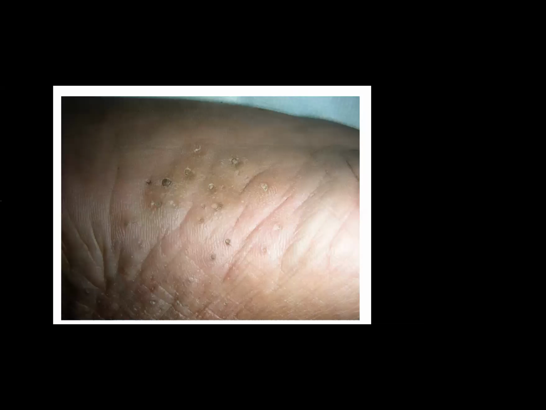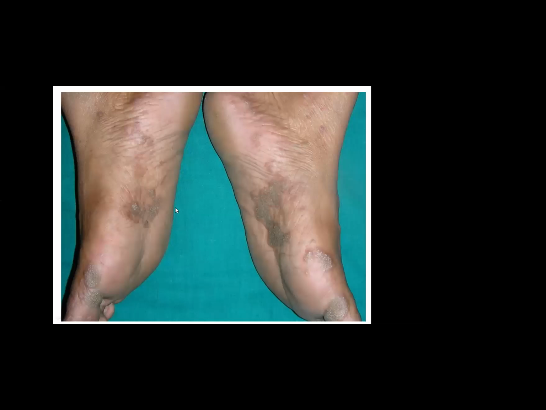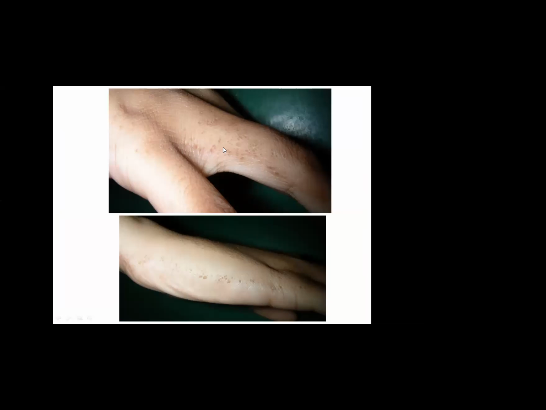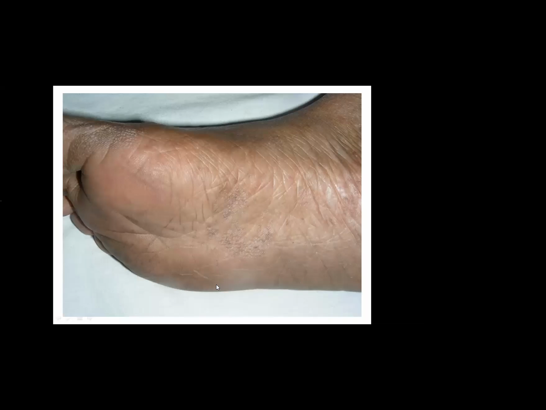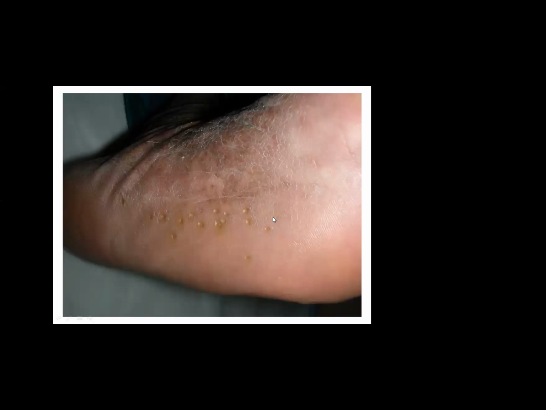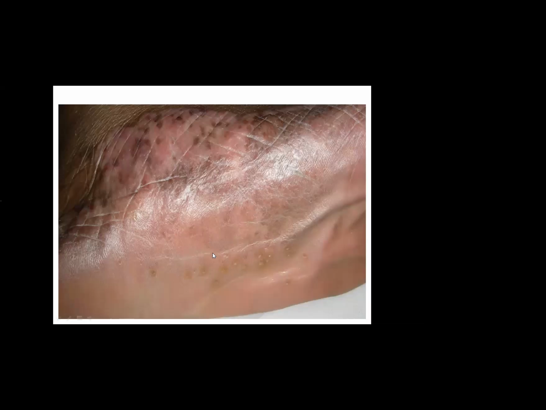Since then, we have been able to recognize and identify several of these cases that manifest with these hyperkeratotic papules with central scaling present on the feet, as you see in this patient, again on bilateral feet, as in this case, sides of the fingers, sides of the hands, as we see in this particular patient, these honeycombed corymbose pits present on the soles, again on the lateral aspect of the feet and on the soles.